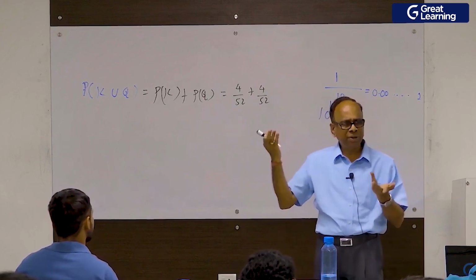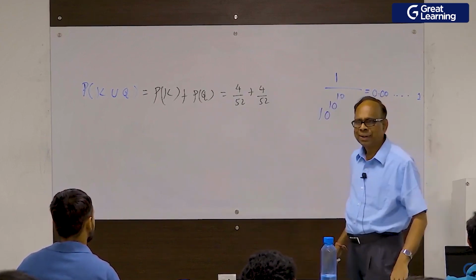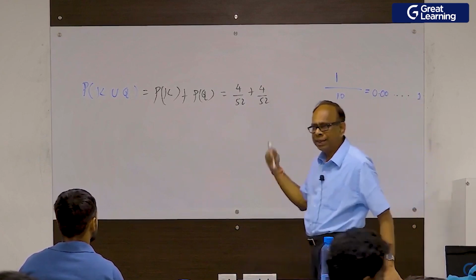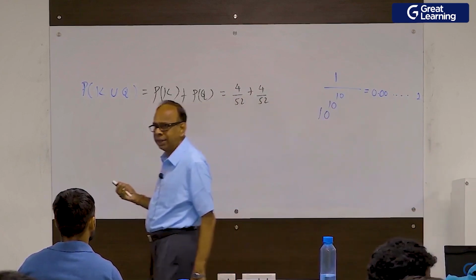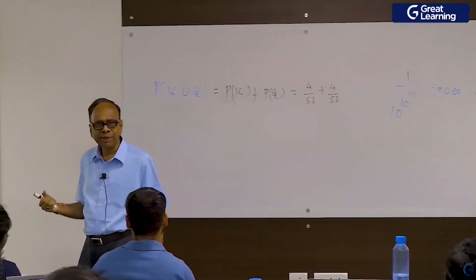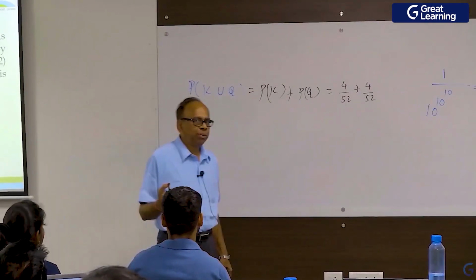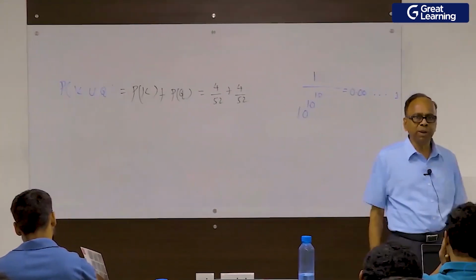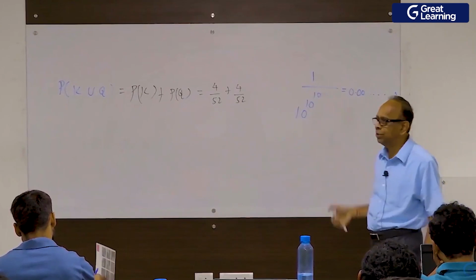You can simplify 8 by 52, 2 by 13. I'm not interested. This is 8 by 52. I just multiply the numerator and denominator by 3. 24 by 156. They said none of the above, people wrote. Because I gave one of the multiple choices as 24 by 156, which is the same as 8 by 52.